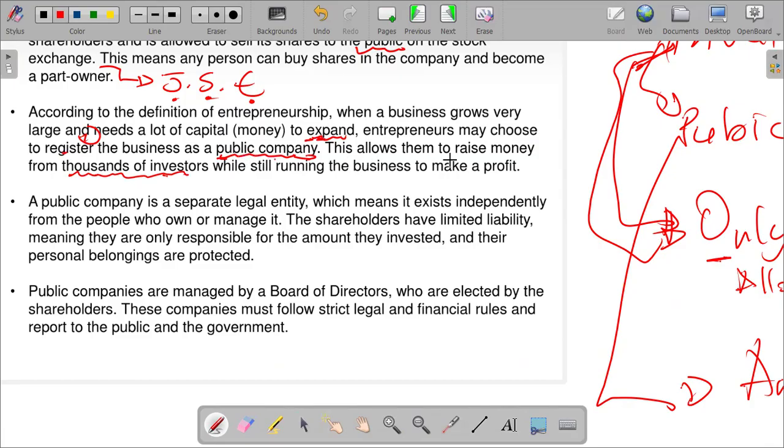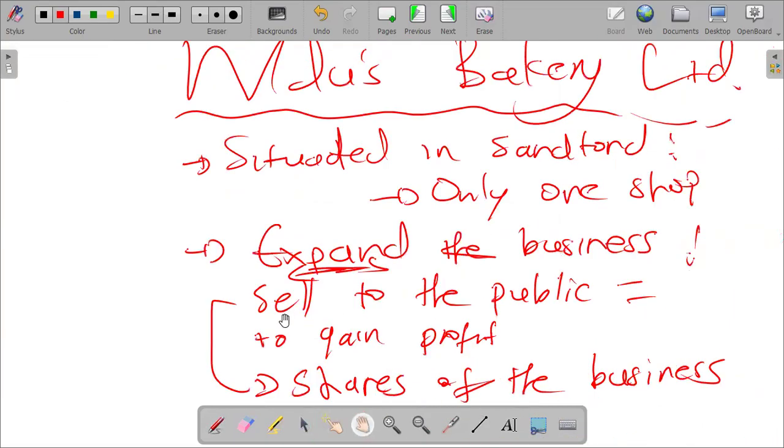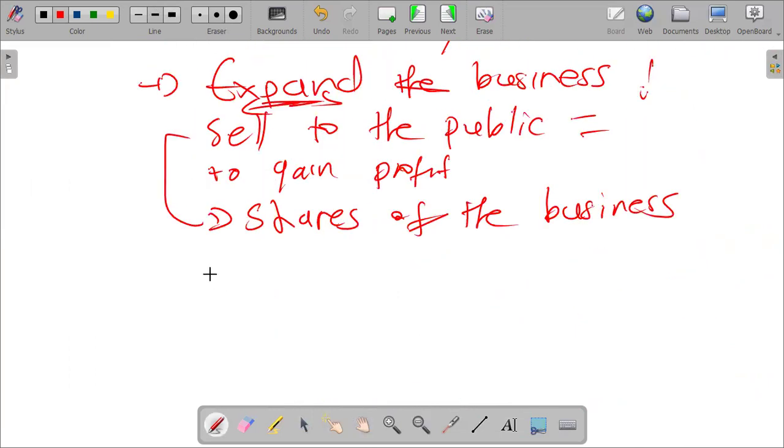Now this allows the entrepreneur to raise money from thousands of investors. How do we raise money from thousands of investors? We sell our shares to the public so that we can raise money. Money to expand the business.